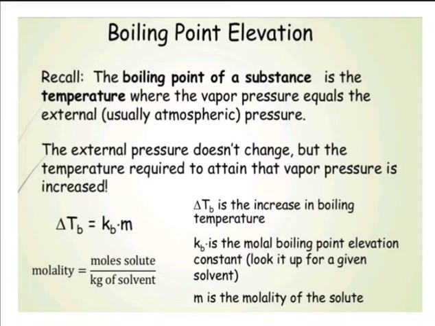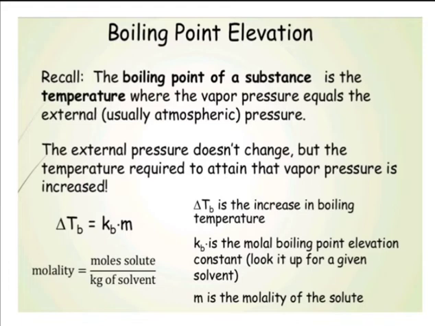So this is the definition of the boiling point. Now the external pressure doesn't change, but the temperature required to attain that vapor pressure is increased. External pressure is constant, we cannot change this. So we increase the temperature to attain the vapor pressure.